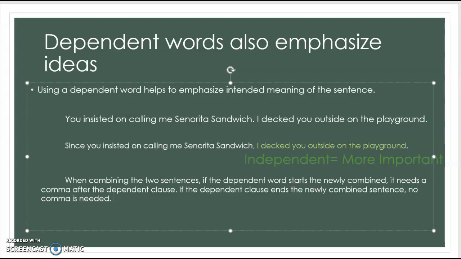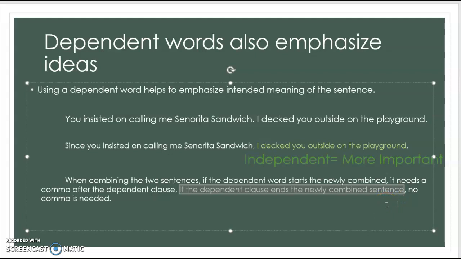So look what I did here. I started with if in the second sentence. So I made this first part dependent, so I had to put a comma after it. If I would switch it and say no comma is needed if the dependent clause ends the newly combined sentence, I wouldn't have to put a comma there. Okay.